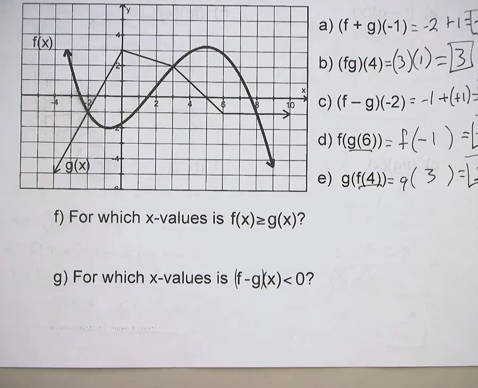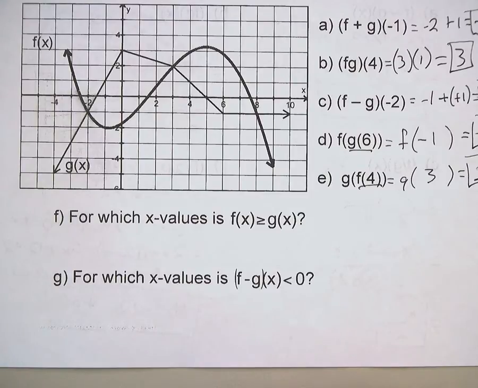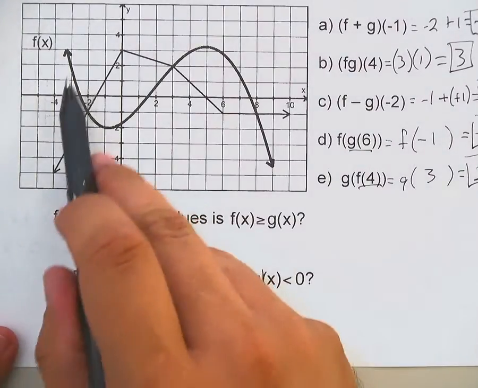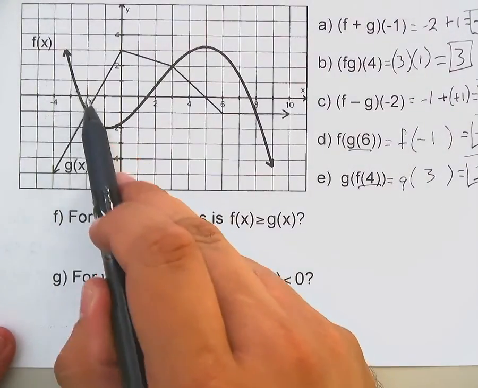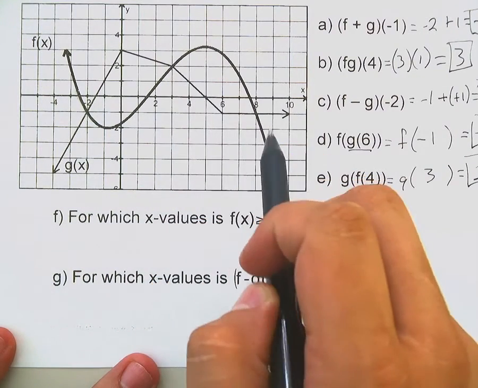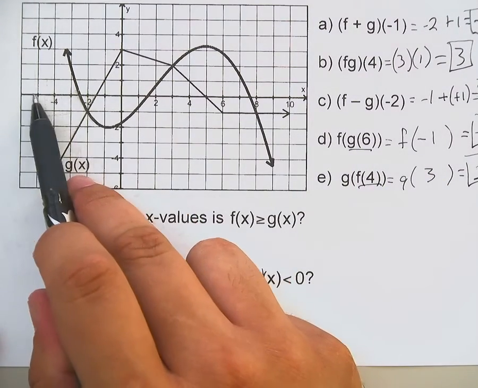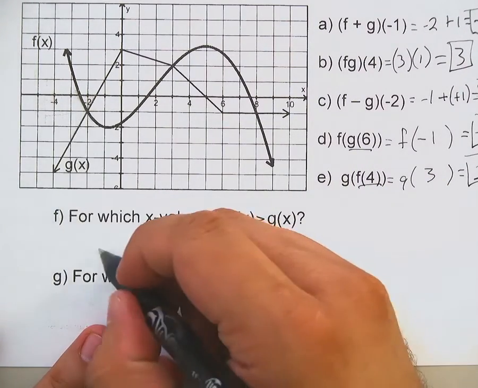For which values is f of x greater than or equal to g of x? It wants to know where f of x is on top. That's simple enough. Over here, f of x is on top. Here, f of x is on bottom. Here, f of x is on top. Here, f of x is on bottom. So there's two intervals. One that goes from negative infinity to negative 2.